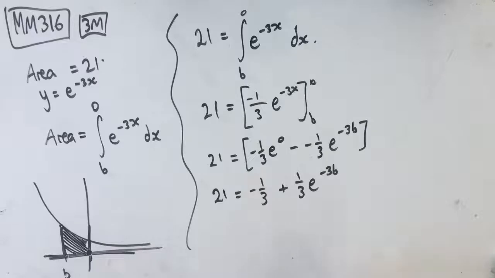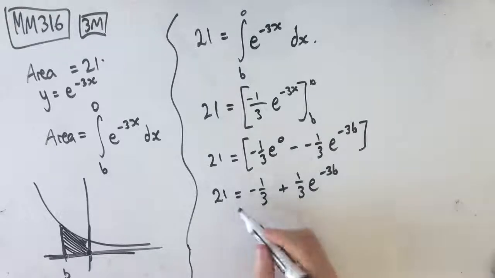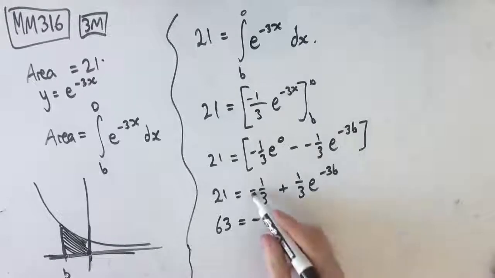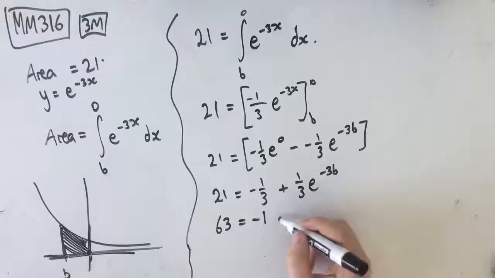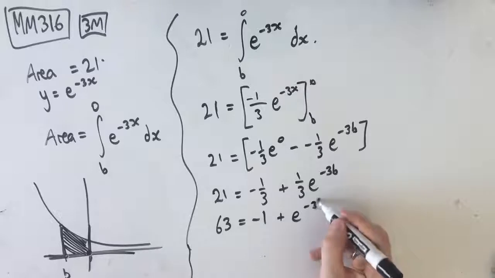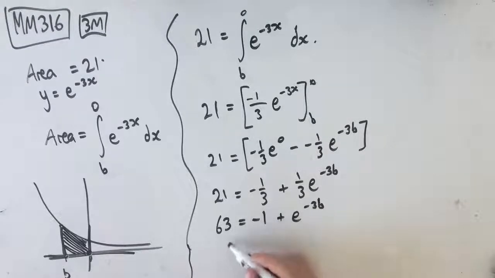Sweet. Now, I'm going to multiply both sides by 3, because I want to get rid of these 1/3. So multiply both sides by 3, I'm going to get 63 equals negative 1, so this negative 1 on 3 turns into negative 1, plus e to the negative 3b. Cool. Add 1 to both sides, we get 64 equals e to the power of negative 3b.